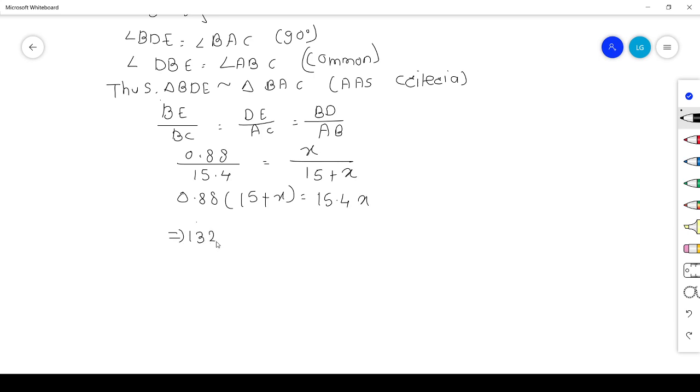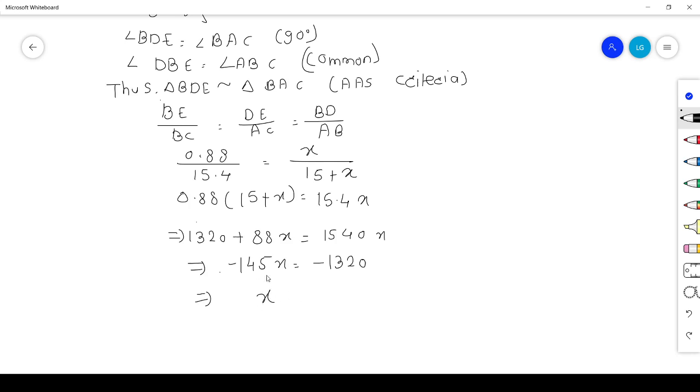So after solving this, we get 1320 plus 88x equals to 1540x, that is minus 1452x equals to 1320.